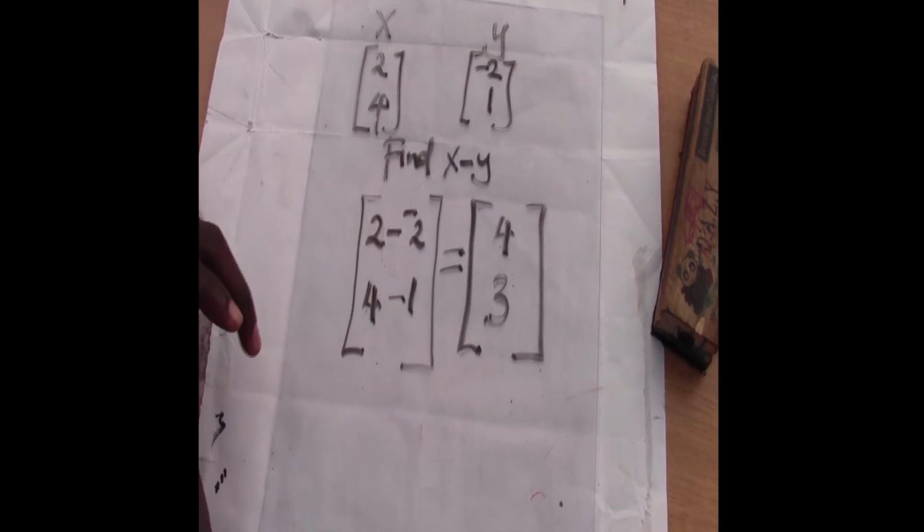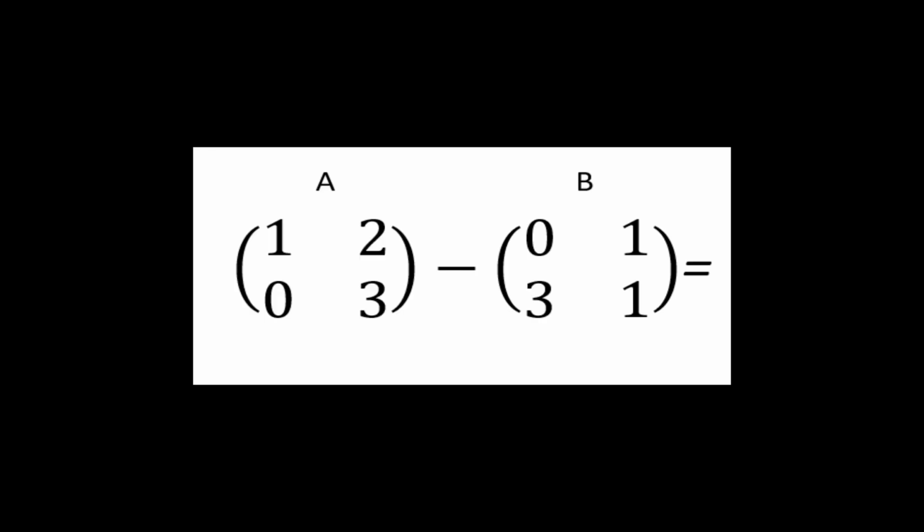We're going to move to another example of a 2 by 2 matrix under subtraction. We have matrix A and matrix B. A is equal to 1, 2, and then 0, 3.